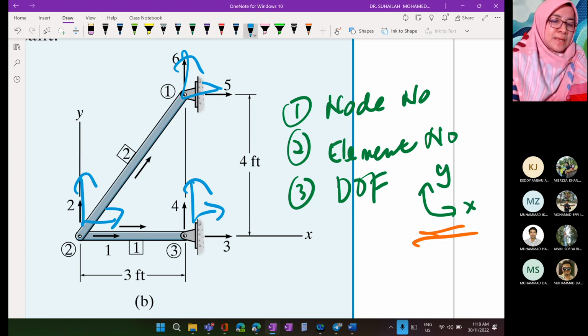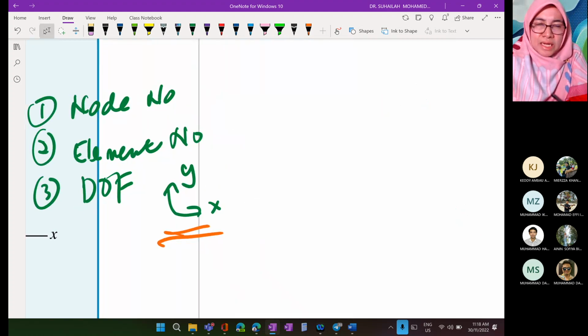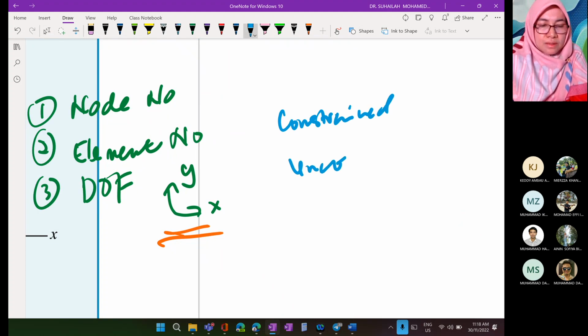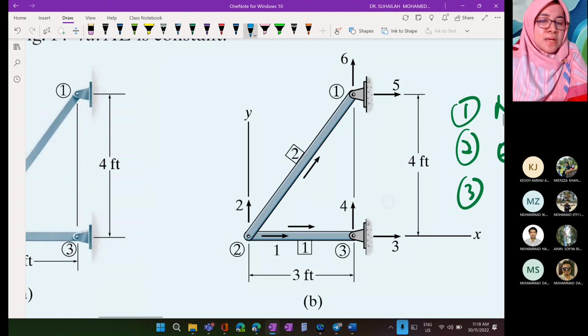So these 6 will be labeled according to the constrained and unconstrained degree of freedom system. Watch the video to understand more about the constrained and unconstrained degree of freedom system.